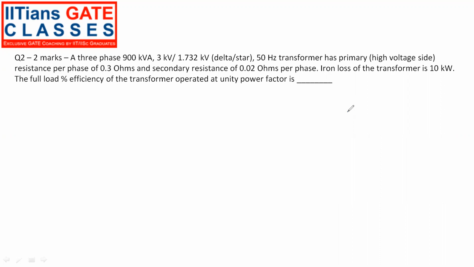A three-phase 900 kVA 3 kV by root 3 kV delta star transformer has a primary resistance of 0.3 ohms per phase and secondary resistance of 0.02 ohms per phase. They have given us the iron losses as 10 kilowatt and they are asking us to find out the full load efficiency at unity power factor. So let's see the solution.